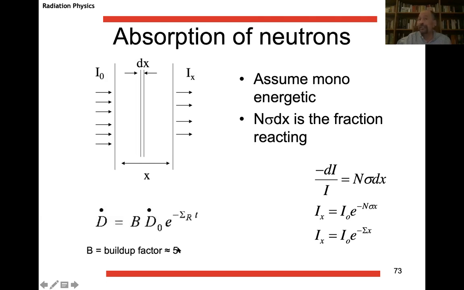Because, unlike the scattering on electrons, which is a relatively small angle, for neutrons it's a head-on collision, so the scattering can be a very wide angle. So the build-up factor is much bigger than it normally is for photons.